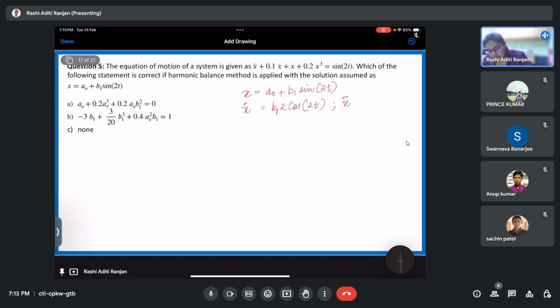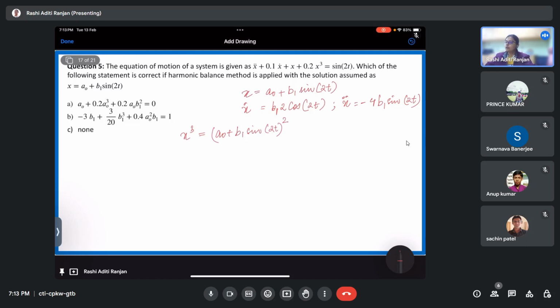Similarly, x double dot will be equal to minus 4 b1 sine of 2t. Coming on to x cube, which would be equal to (a naught plus b1 sine of 2t) whole cube.